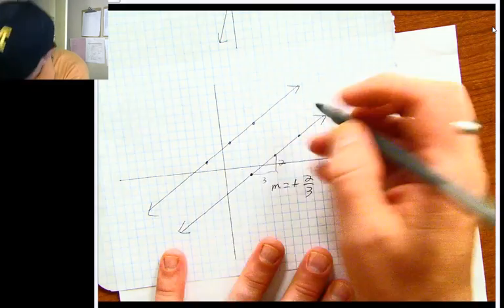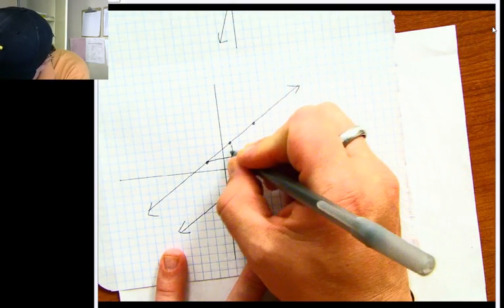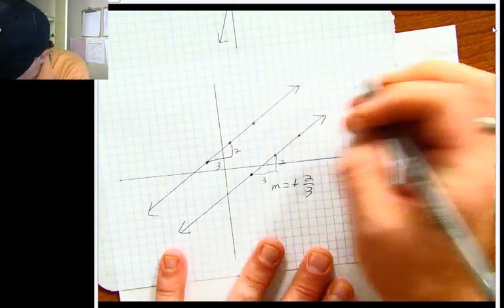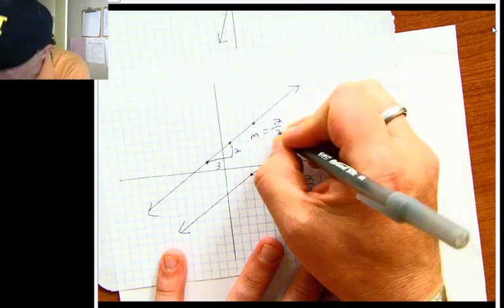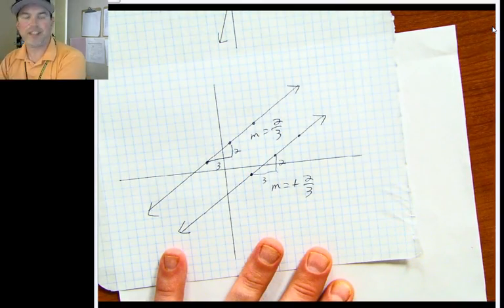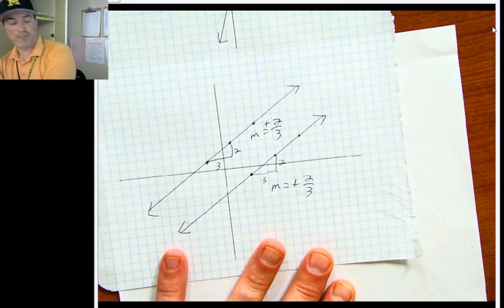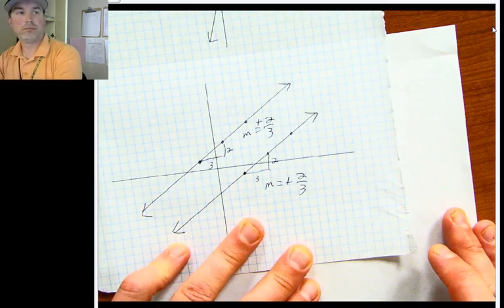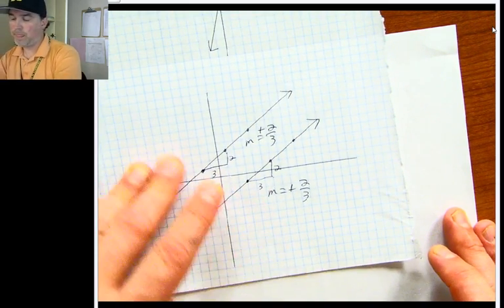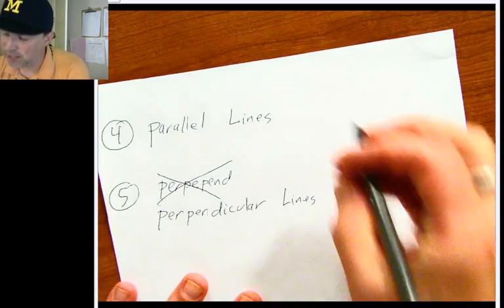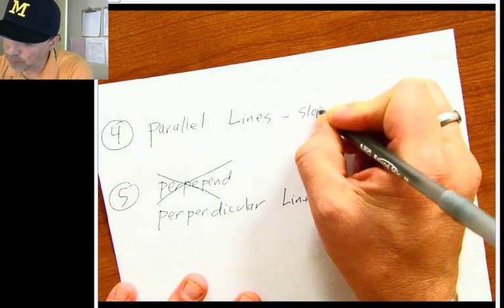Same thing, this graph is uphill. A run of 3, a rise of 2. The slope is also positive 2 over 3. So what's that tell us about the slopes of parallel lines? They're equal. They're equivalent. So parallel lines, slopes are equal.